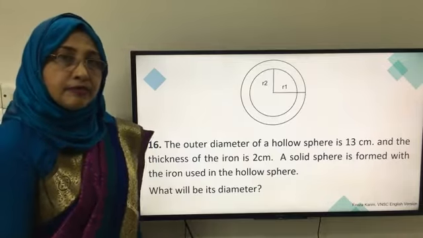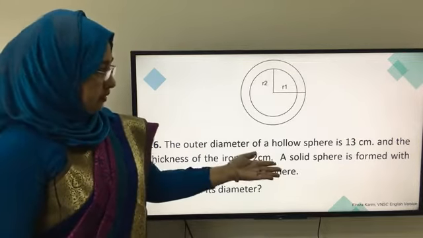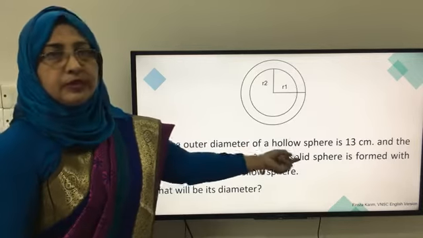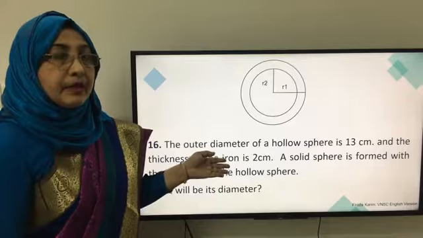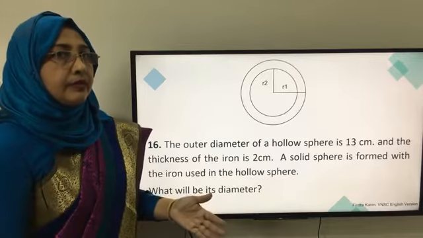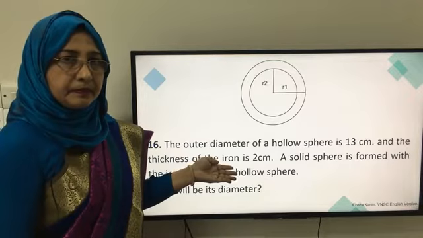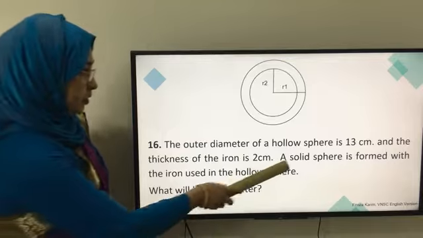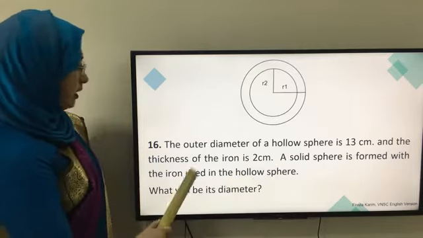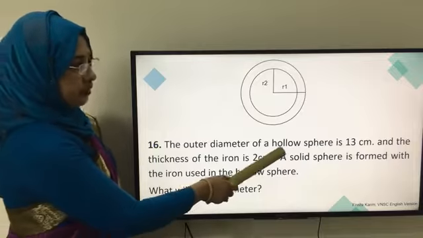You think yourself for 1 minute. What should I do? We have the diameter of the hollow sphere, so we can find the radius of the hollow sphere, and that's why we can find the volume of the hollow sphere. But what about the solid sphere formed from the iron, using the iron of the hollow sphere?